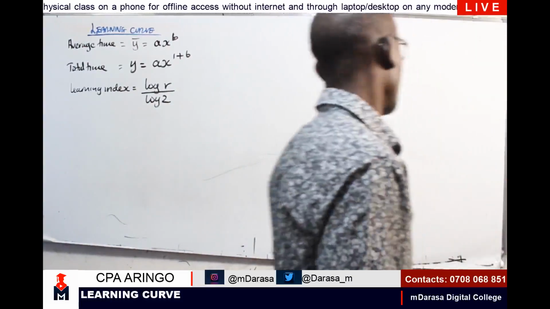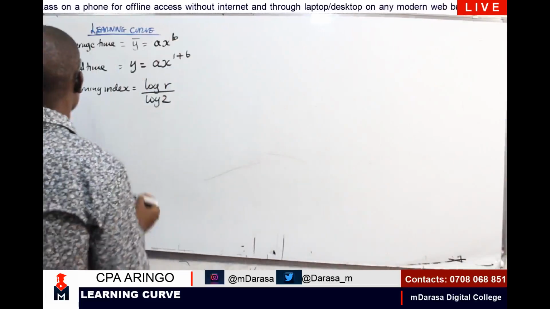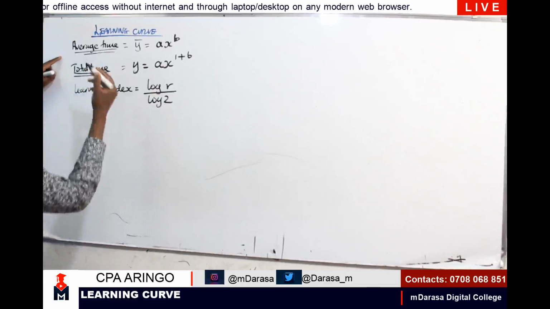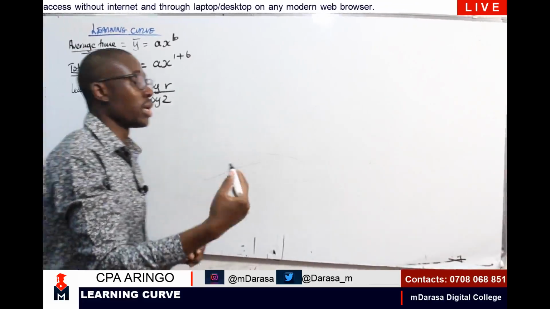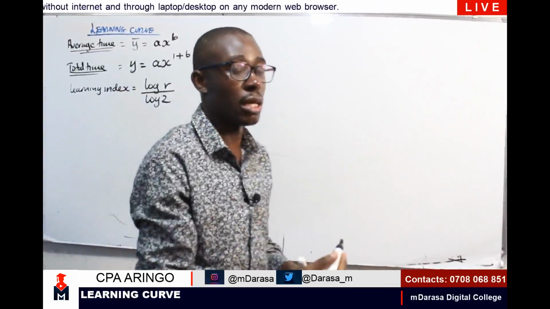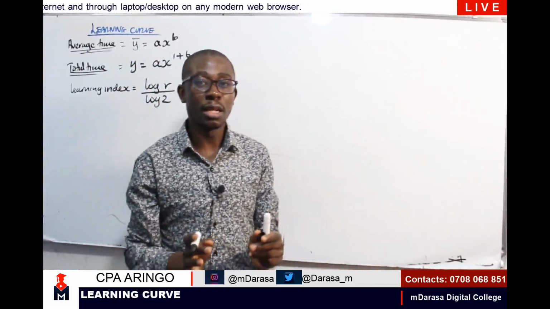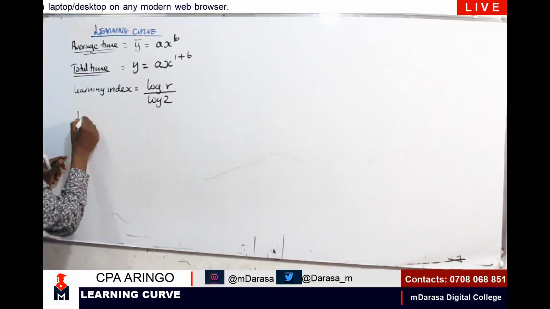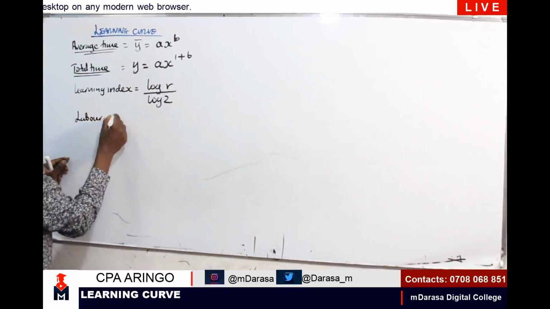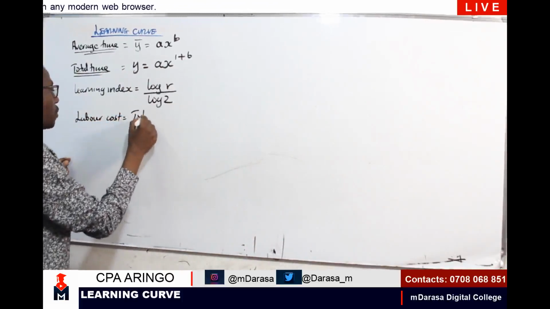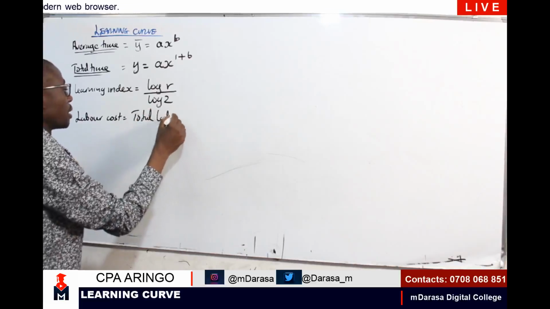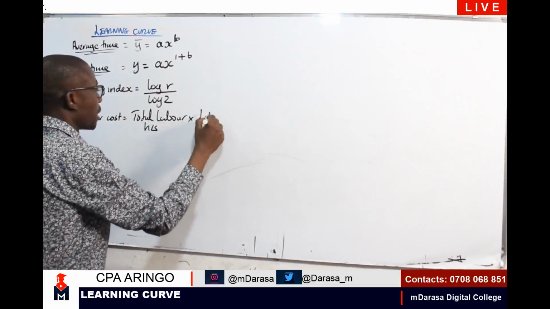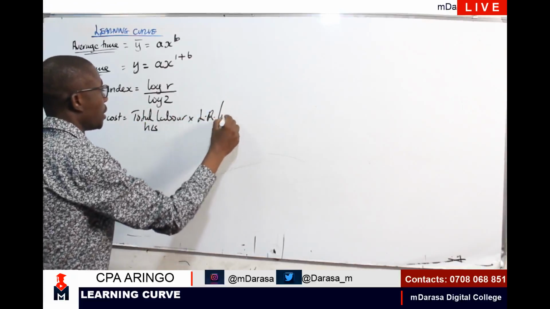Understanding that is very critical, because the moment we have our time, our main concern in studying learning curve is to enable us to estimate our cost, and specifically the labor cost. Because at the end of the day, to determine our labor cost, I will have the total labor hours times the labor rate per hour.